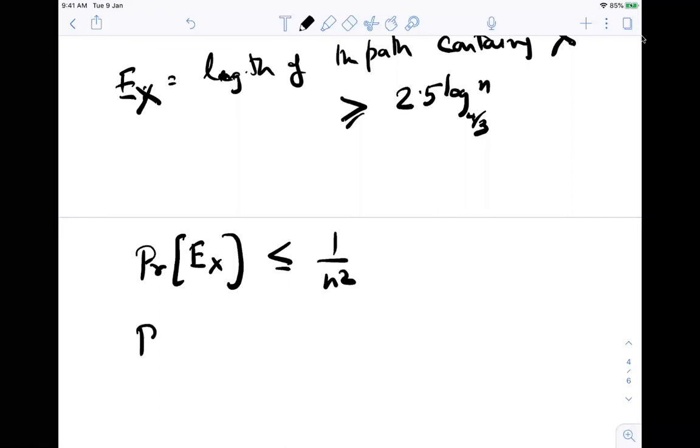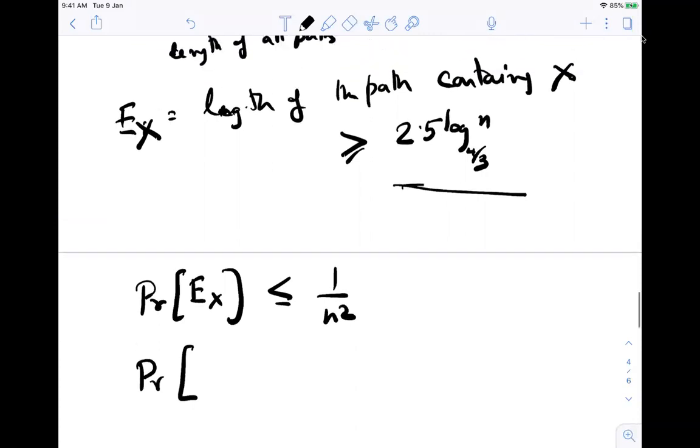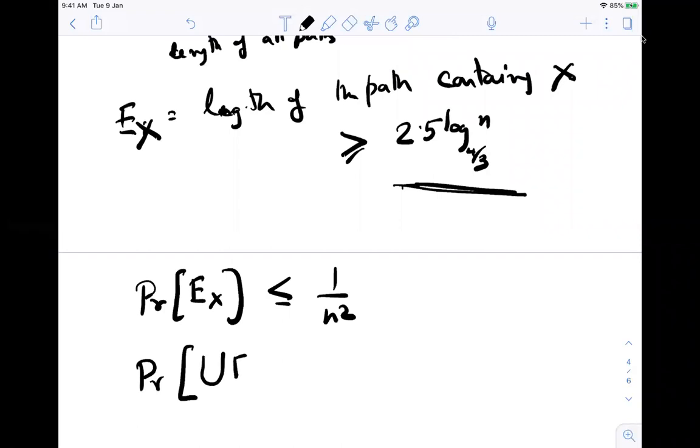And what we are interested in is, what's the bad thing? The bad thing is that the depth is bigger than this. That means there exists some x for which the length is bigger than 2.5 times log n base 4/3. So what is the probability of the union of E_x?